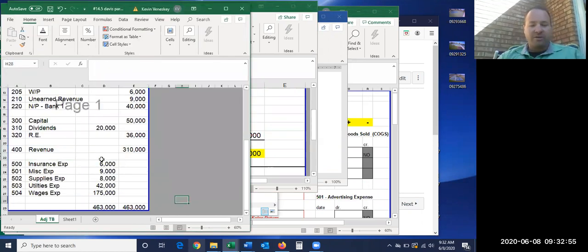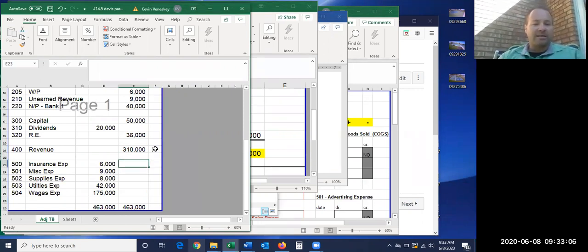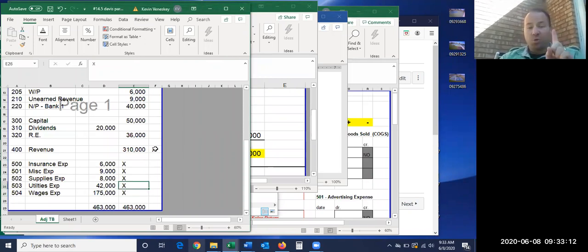Now, if I was doing this as well, until you get familiar with the statements, you may want to put an X next to each one of these, because everything on this adjusted trial balance gets used once and only once.